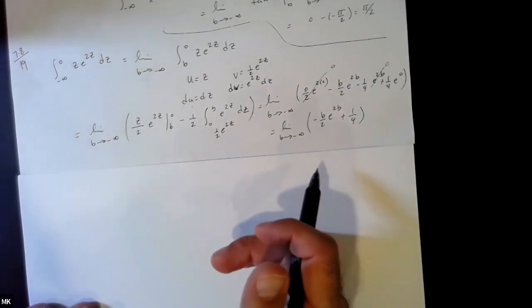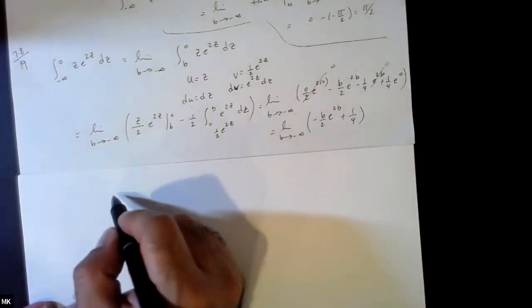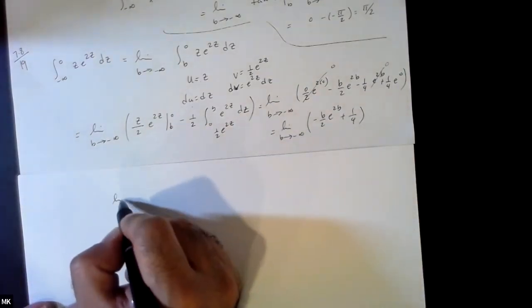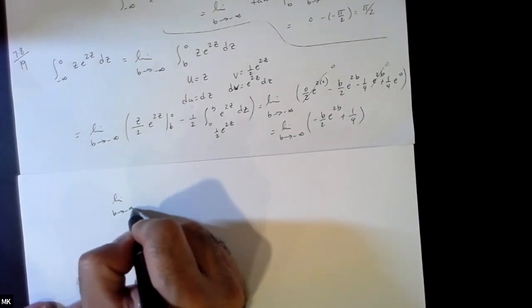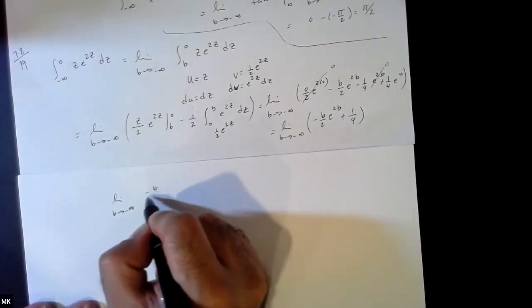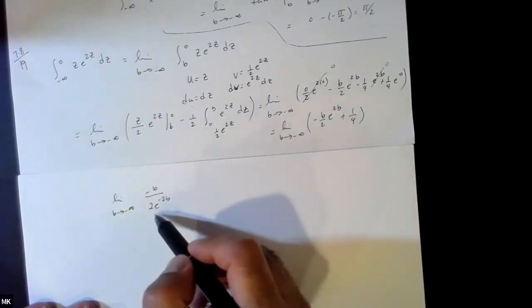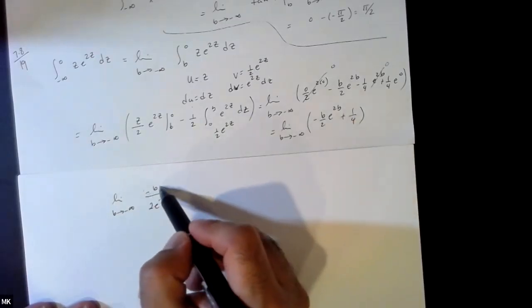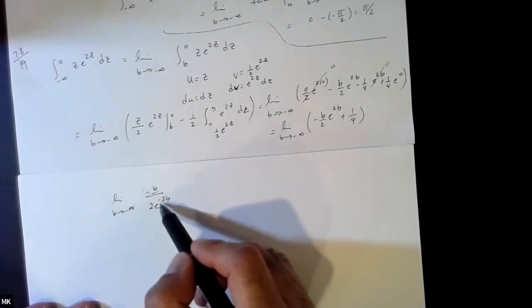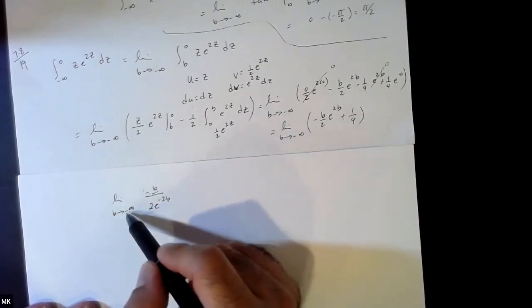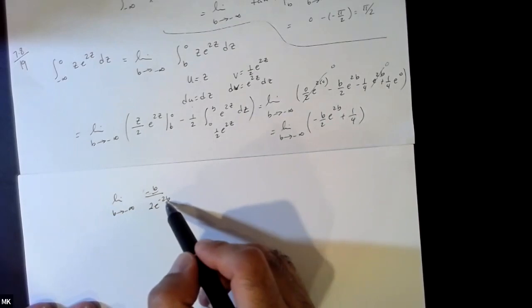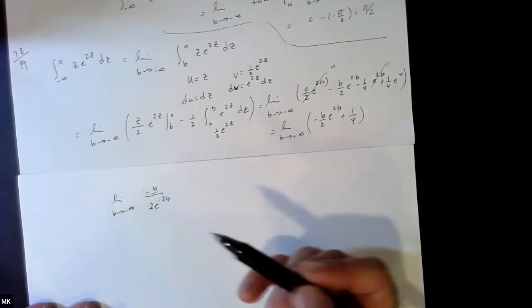So I'll do this limit on the side. I have the limit as b goes to negative infinity of negative b over 2 e to the negative 2b. So I'm going to bring the e to the negative 2b down. Now what I have is something that goes to infinity. Also, because negative b goes to negative infinity, negative 2b goes to positive infinity. So this also goes to infinity.